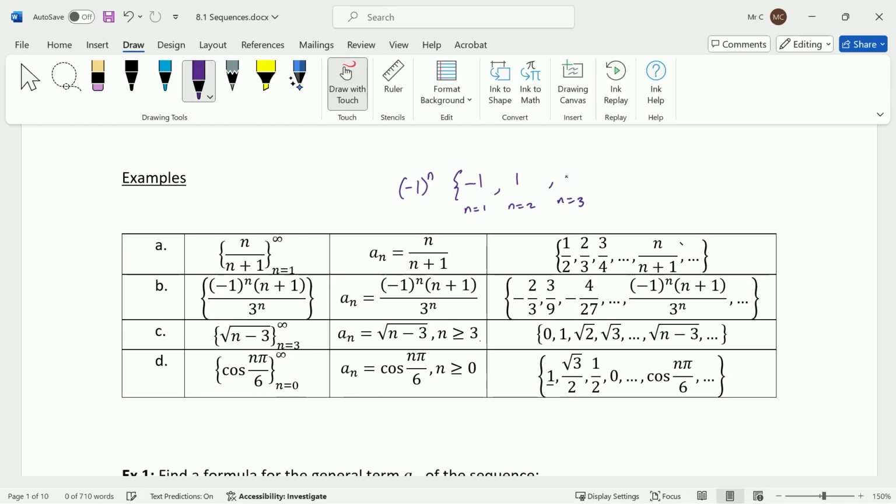When n is 3, I get -1 to the third power, which is -1, and so forth and so on. So if I just have this expression on its own, it gives me a sequence that alternates between -1 and 1. While we're on the topic, we'll note that similarly, if I had -1 to the n plus 1 power, I would get the same kind of sequence, except it would start with +1 and alternate to negative, positive, negative, and so forth and so on.